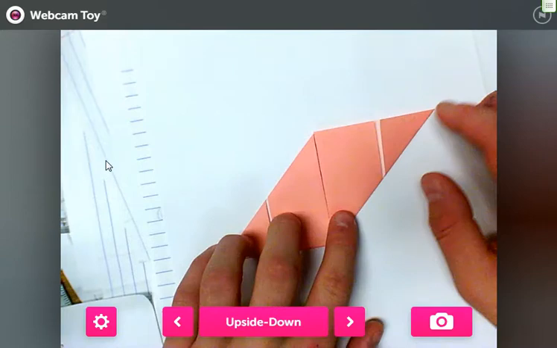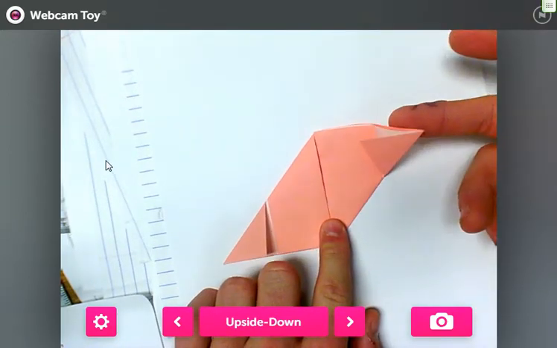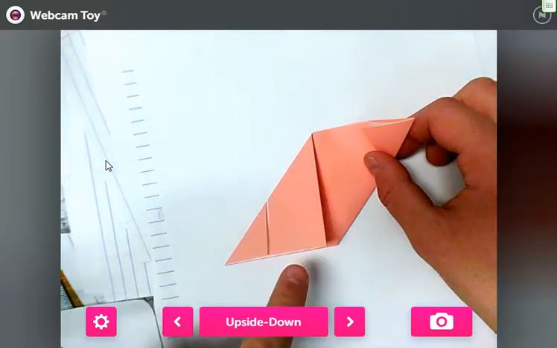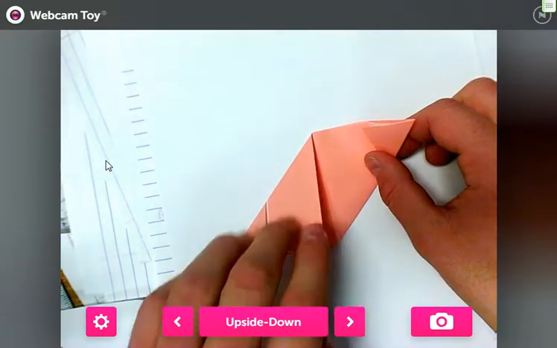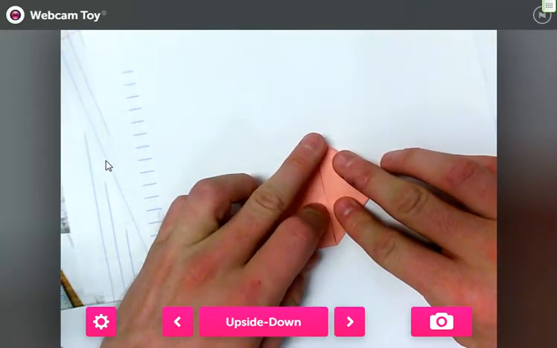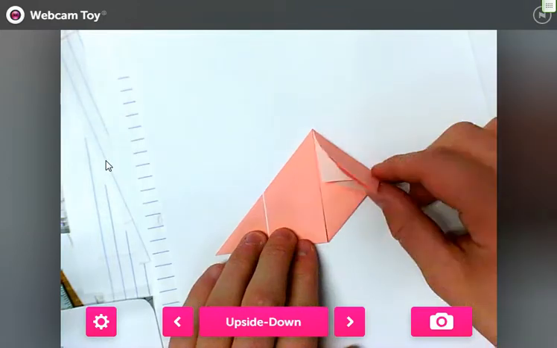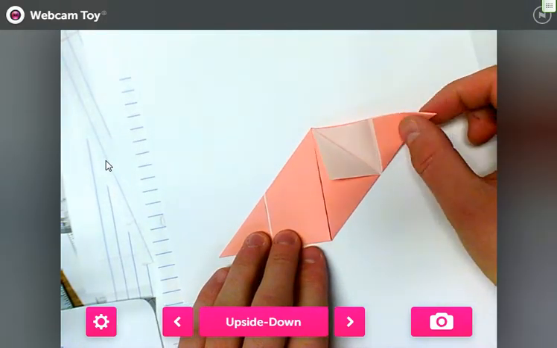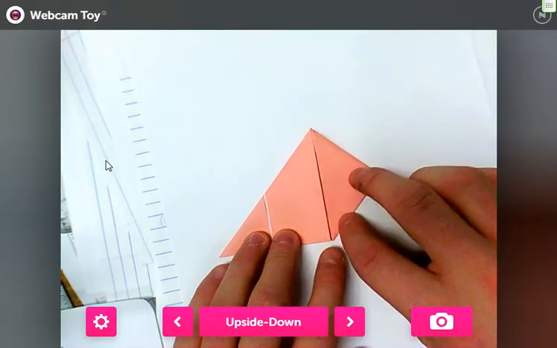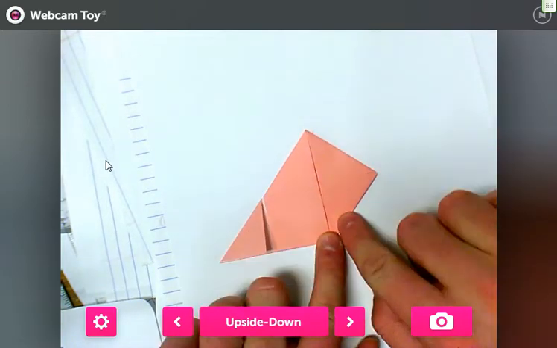Now we take this corner up here and fold it down to this corner right here. I'll show it again. You ready? Went from upper right down to there.